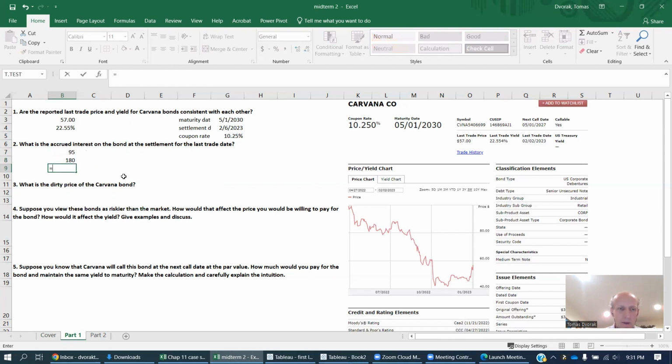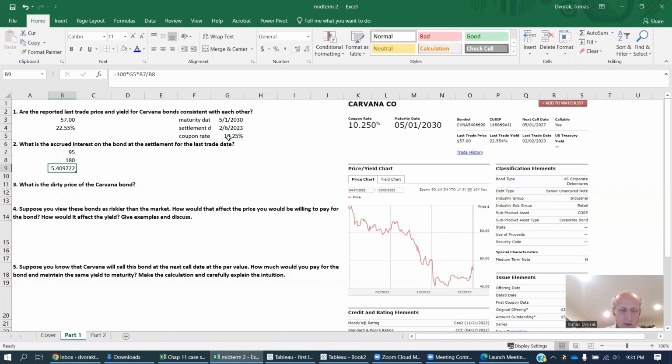And now we have to calculate the accrued interest. So one coupon payment here per $100 par would be 100 times the coupon rate. But the accrued interest is only the fraction of the days that have lapsed since the last coupon day, which is 95 out of 180.